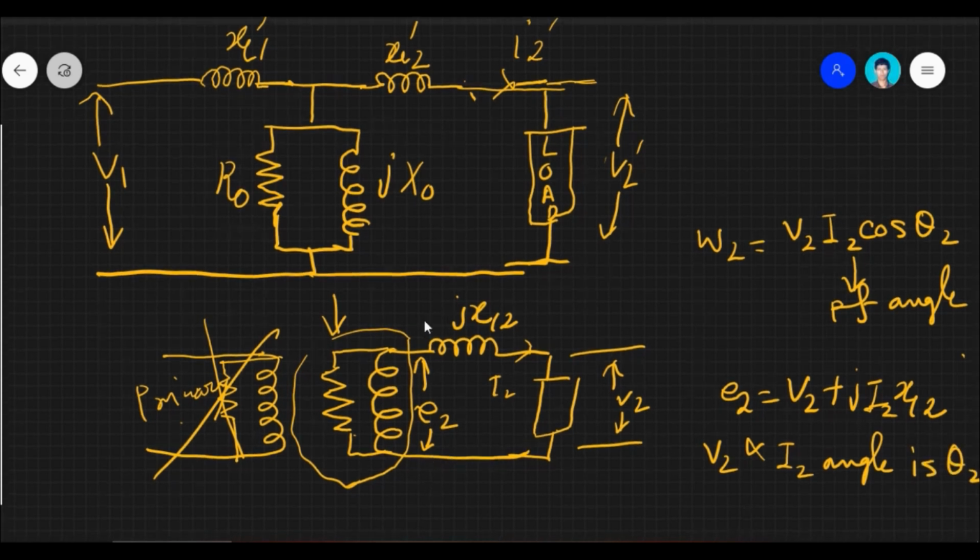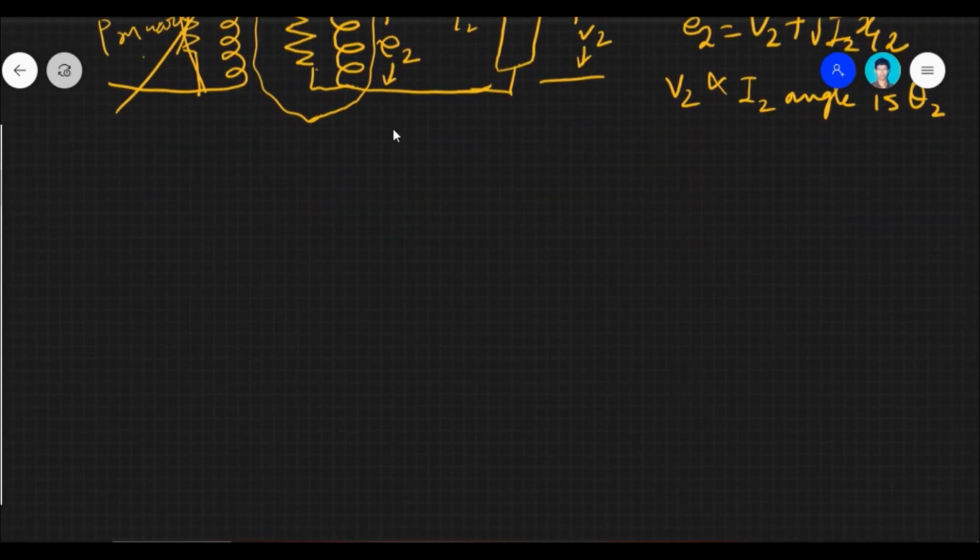Now let us first draw the phasor diagram of E2. E2 is equal to V2 plus jI2XL2. So let us first draw V2.